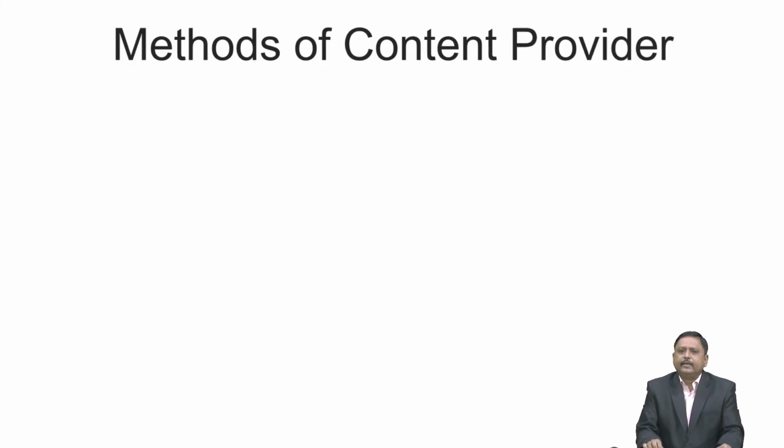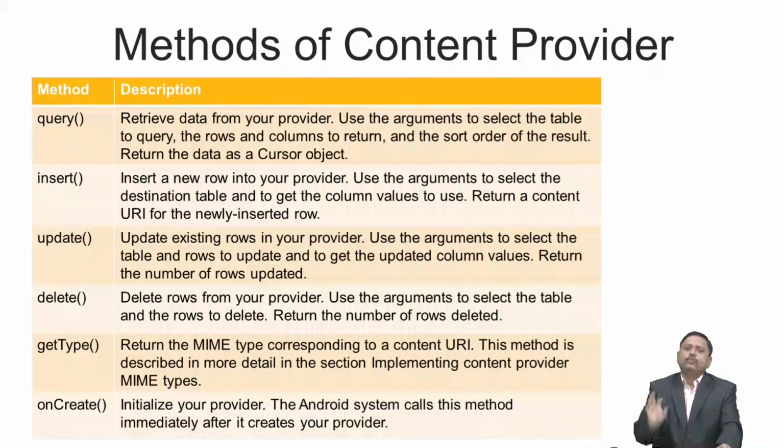Now, what are the methods of a content provider? We have to implement the query method which retrieves data from your provider. We have to implement the insert method which inserts a row in your provider. We have to implement the update method to update an existing row in your provider, and we have to implement the delete method to delete rows from your provider, and we can also implement getType to return the MIME type corresponding to a content URI.